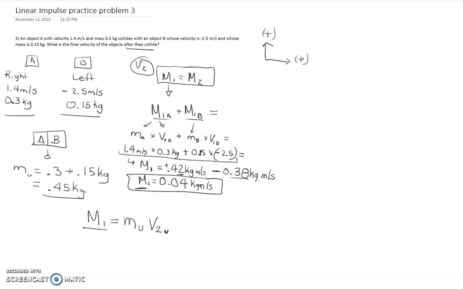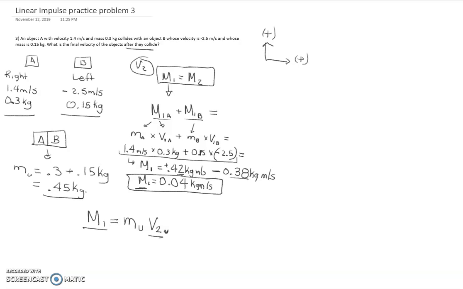Oops, no, we already did that. We already took into account the momentums of each of these objects. So we calculated momentum for A and momentum for B, and this is what we got. Then we have M1 calculated, which involves the addition of the two.